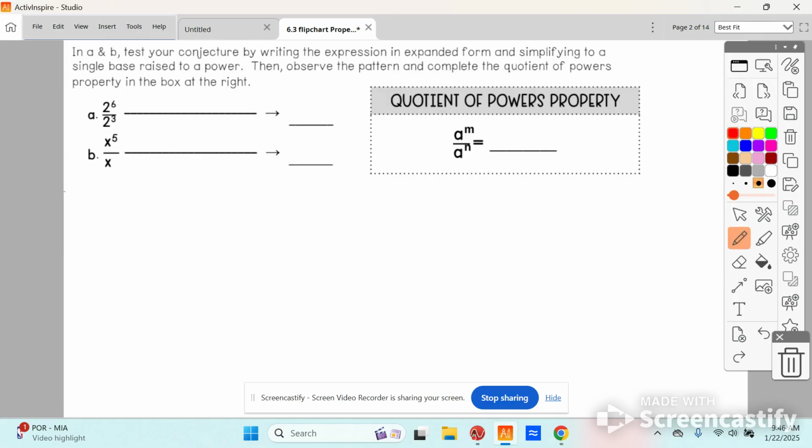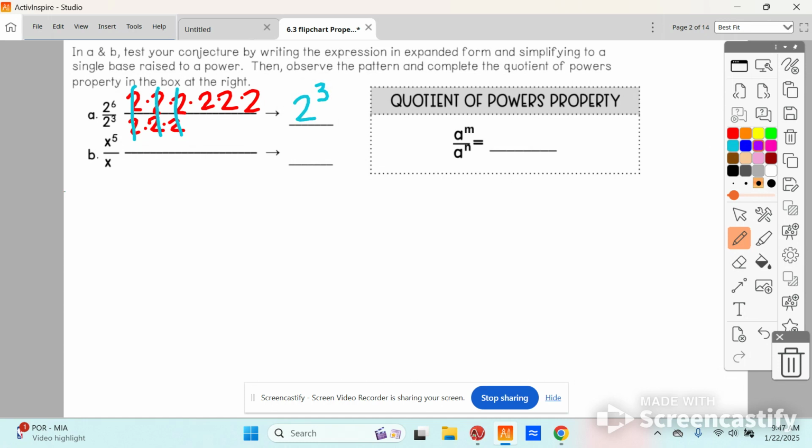Now, I'm going to test this conjecture by writing an expression in expanded form of each of the following. I have 2 to the sixth power, which is 2 times 2 times 2 times 2 times 2 times 2. I have 6 of them. And on the denominator, I have 3 2's. Again, 2 divided by 2 is 1, so I can cancel out 3 of the 2's, leaving me with 3 2's.